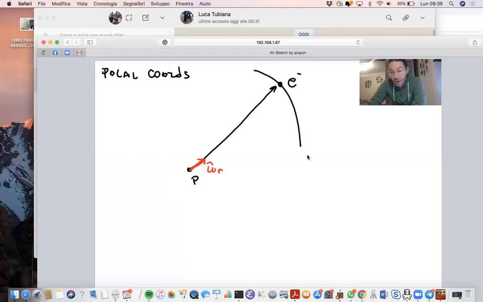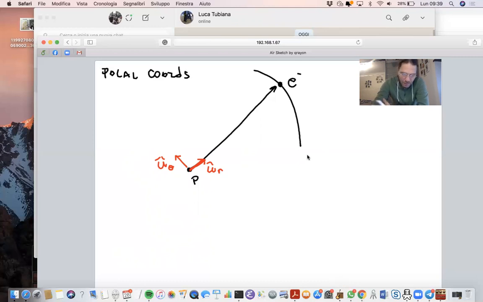Now, since I've reduced the problem to effectively 2 dimensions, all I need to specify is a second reference axis, preferentially orthogonal to the first one to make the calculation simple. So the only natural choice is we will call u_theta the second axis that we're going to fix.